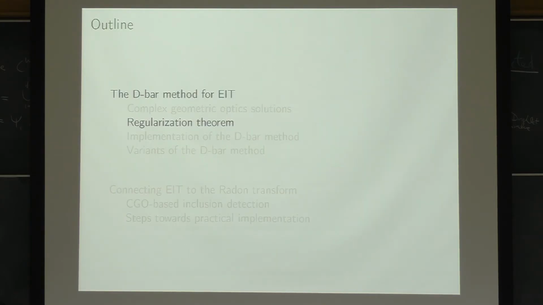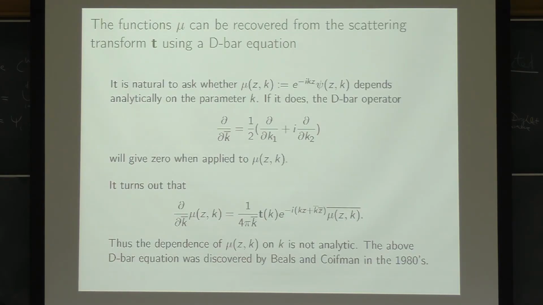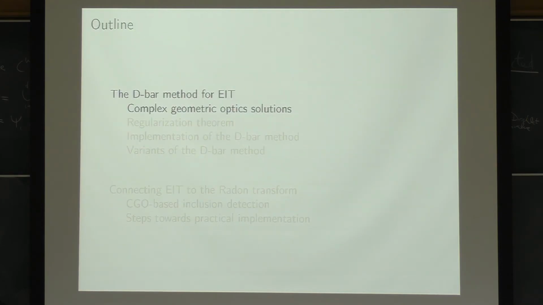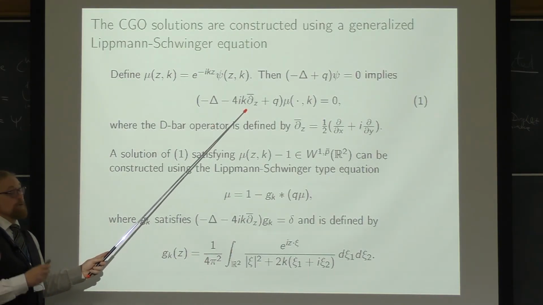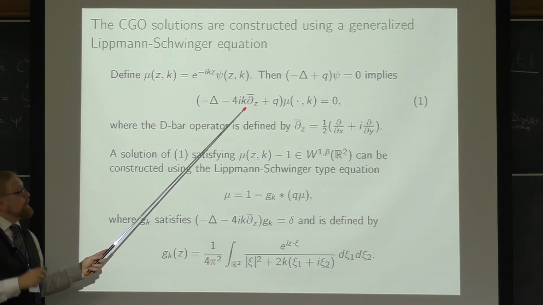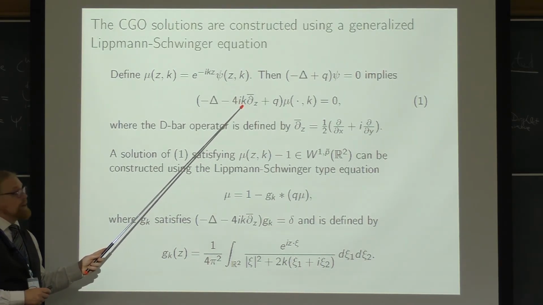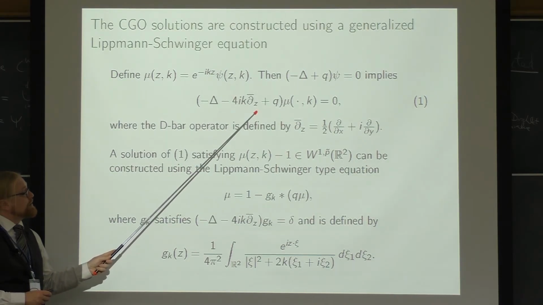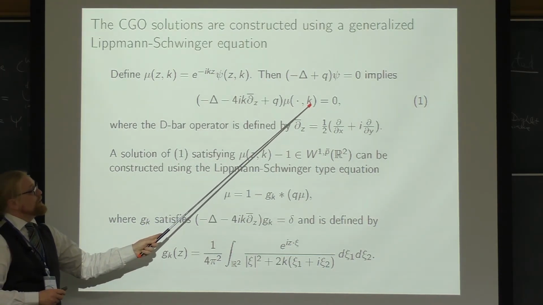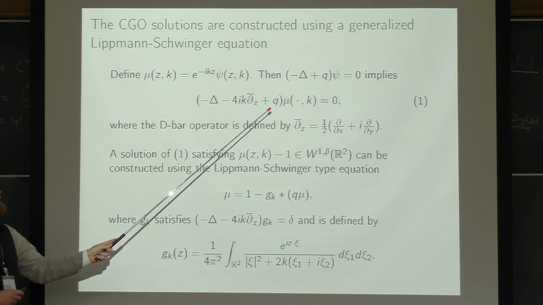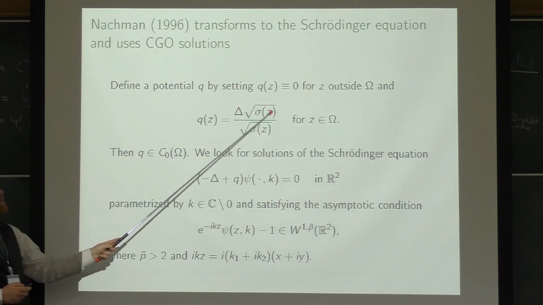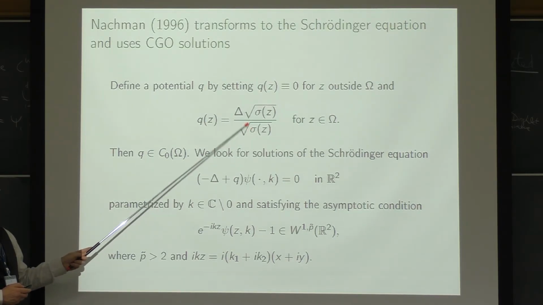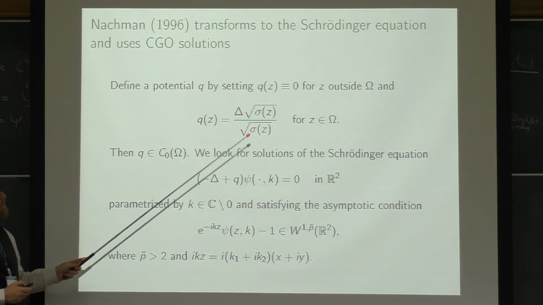Maybe I have a quick comment about that one, because it may look weird. But it comes from here. Very hand-waving proof. If you take k to zero in this equation, this one will disappear. You get zero here. And then q has this form containing the square root of conductivity.